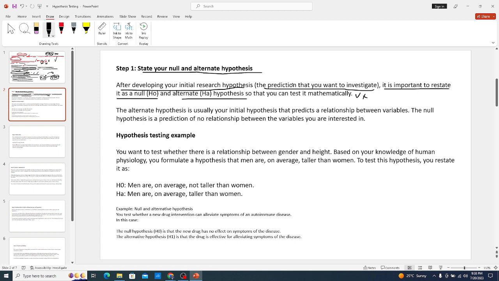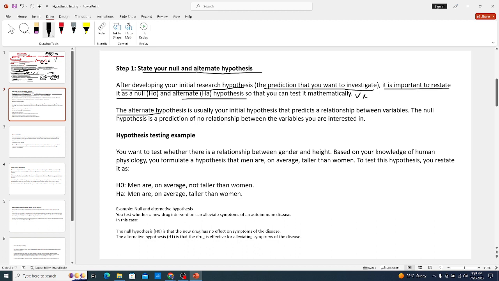Now for us to change these statements into meaning, we have to test them mathematically. So let's continue.